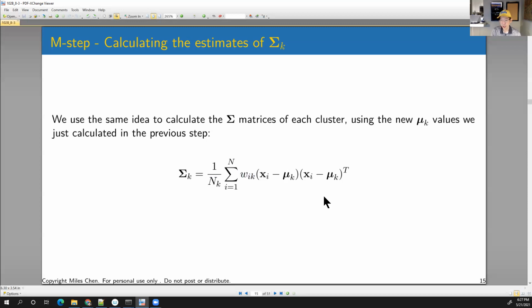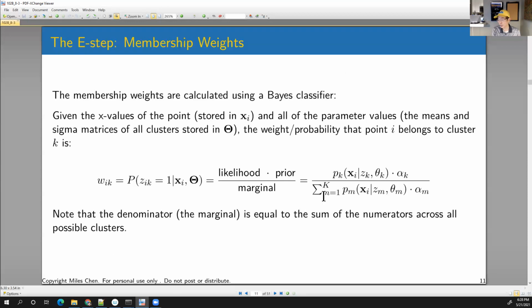I just want to pause here and make sure this feels good with everybody, or if there are any questions, like where the membership weights are coming from, or where the estimates of these things are coming from. My hope is if you understood the Bayes classifier, these steps make sense.